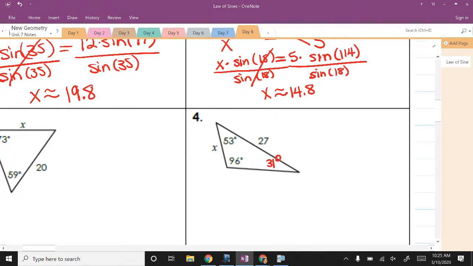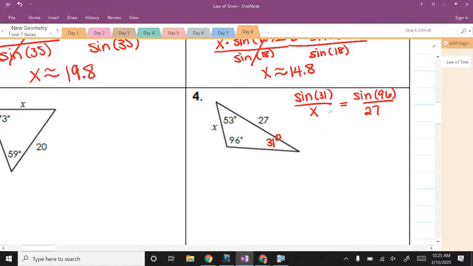Okay? So we set it up. Law of sines. So sine 31 over x equals sine of 96 over 27. So we're not going to use that 53-degree angle because I don't have a side that's opposite. Does that make sense? You got to use opposite angles with opposite sides. Cross multiply.